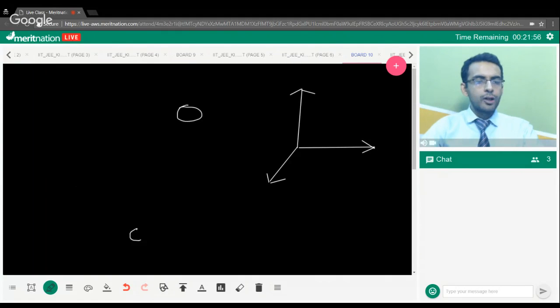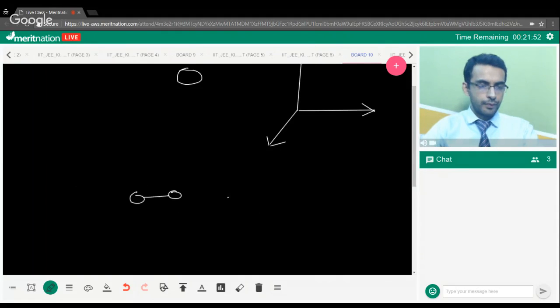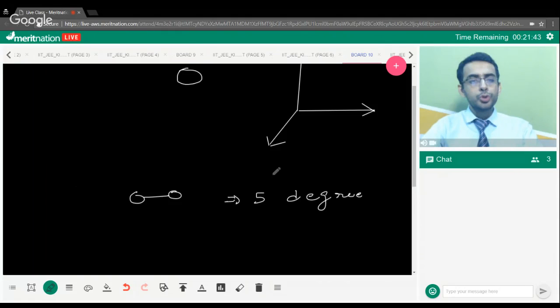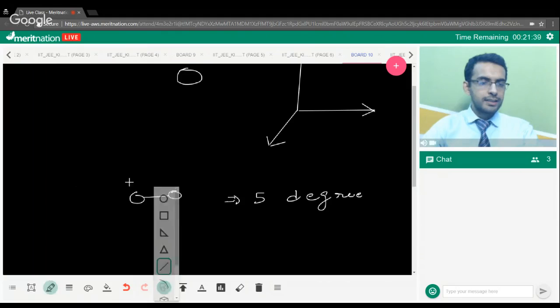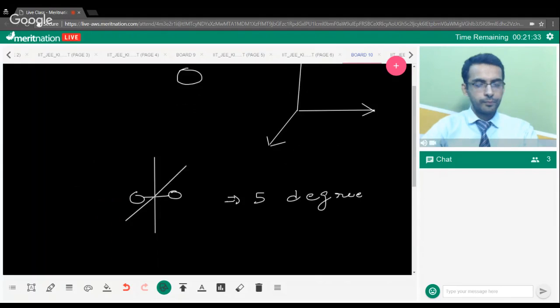Similarly, for a diatomic gas, the degree of freedom becomes 5. Why 5? Because along with 3 translational degrees of freedom, it has 2 rotational ones. One along this axis and one along the axis that is perpendicular to the plane. So these should be added.